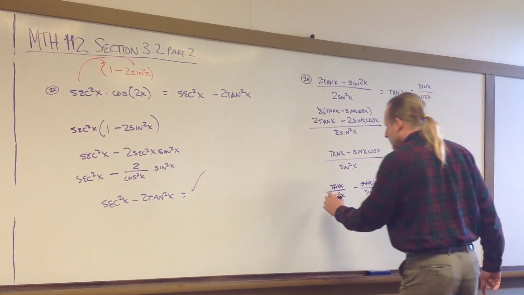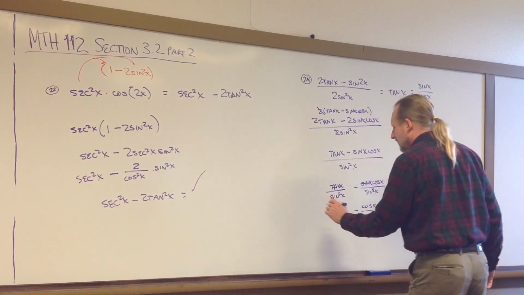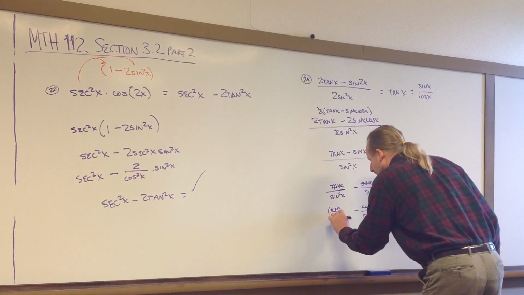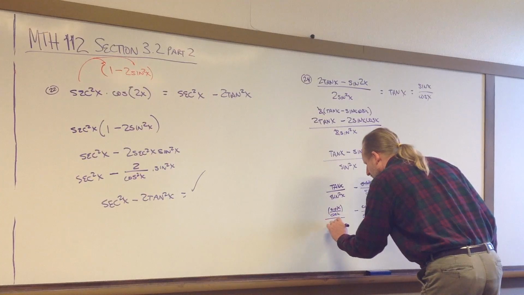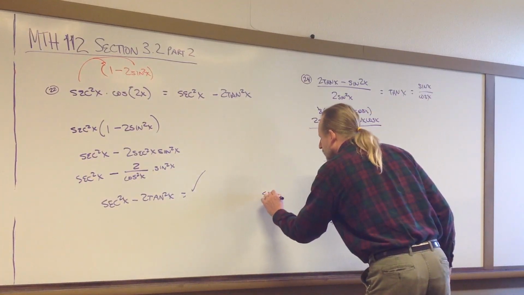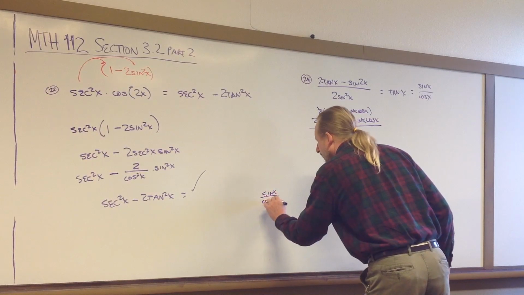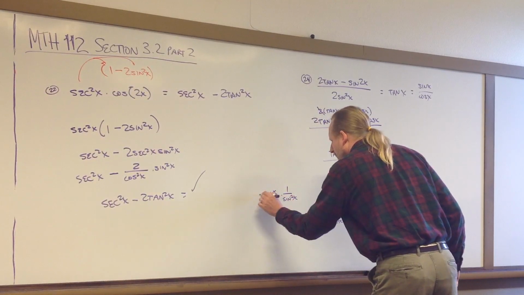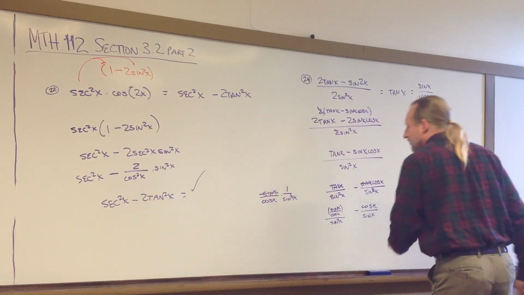This one here, let's see, I would write this as sine x over cosine x over sine squared. So that's going to be what? That'll cancel out one of those.